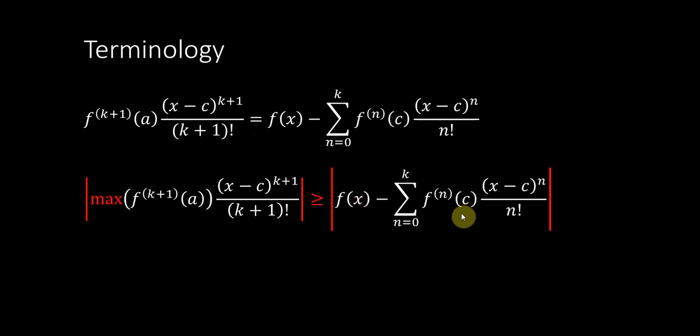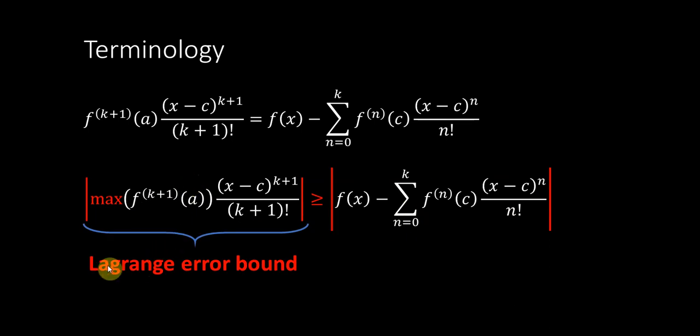So it's another way of saying the estimation using a finite series or finite polynomial is at most this error term. We know this as Taylor's theorem. It is also called the Lagrange error bound, and this is the term that you will hear more often. The mathematical history is a little bit complicated. Taylor was working on this problem.